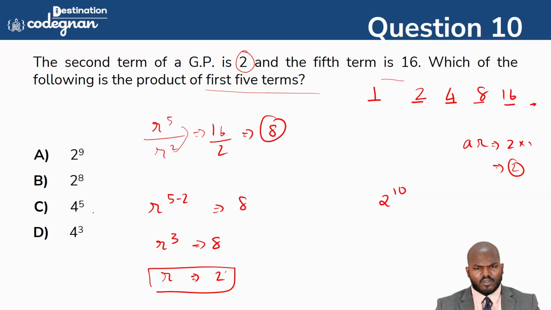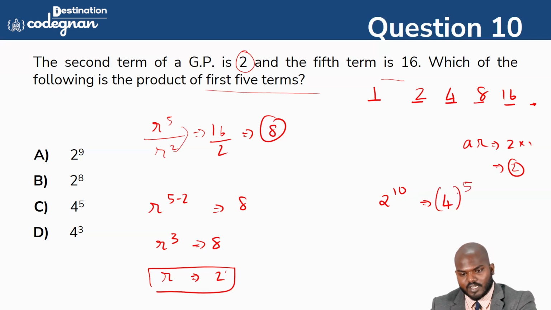We can write the same 2 power 10 as 4 power 5, because 4 is nothing but 2 squared. You can write it as 4 power 5, or 4 exponential 5.